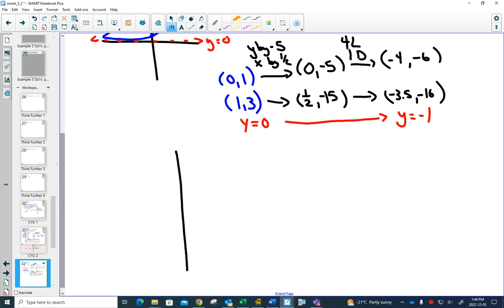So when I go to graph this, asymptote at -1.